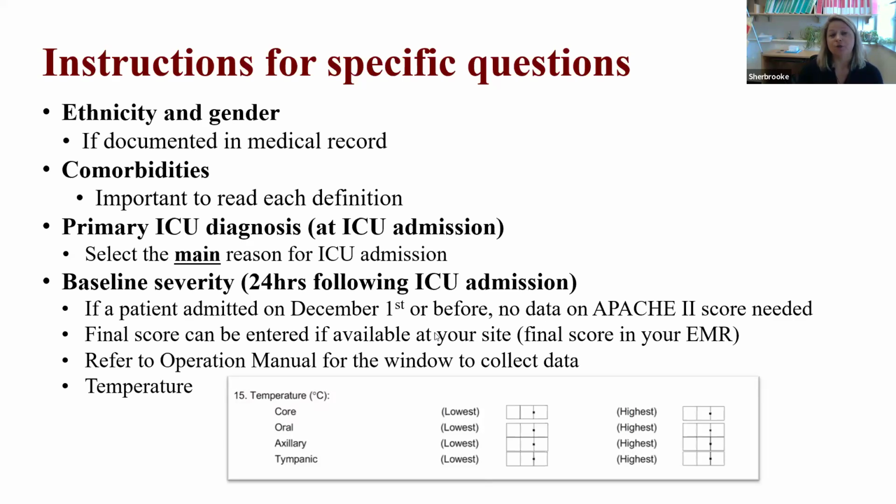In fact, just knowing if the information is in the medical record or not is information that we want to know. So if it's recorded, fine, you will answer yes and you will select between the choice of answers. If it's not recorded, you simply select no and that's it.